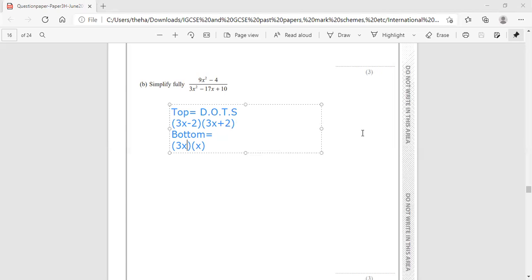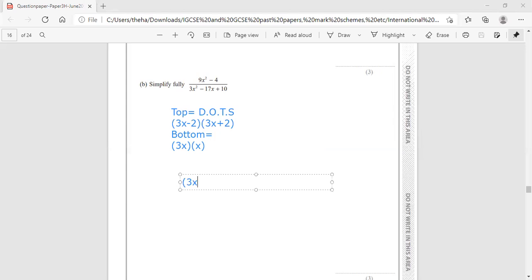So let's just think of ways that multiply to negative 17. But we're also going to have to take into account this 3x. So maybe that's not the best way to do it.